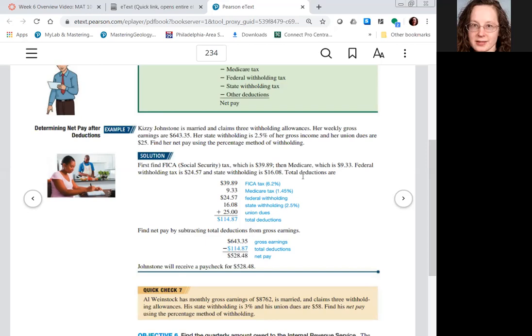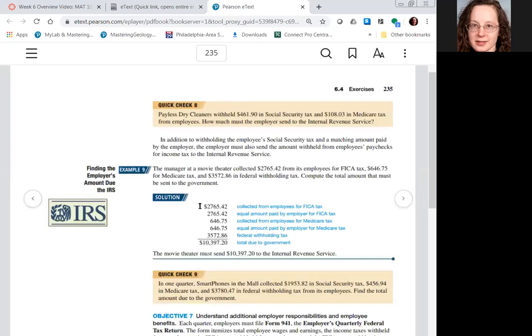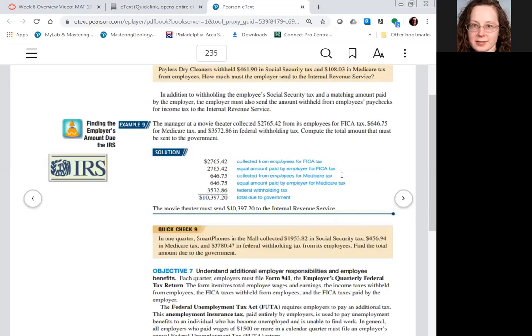So the very end of chapter 6, section 4 does a little bit more with what gets submitted to the IRS and helps you understand this process from the employer perspective. Employers must match the Social Security and Medicare, FICA.